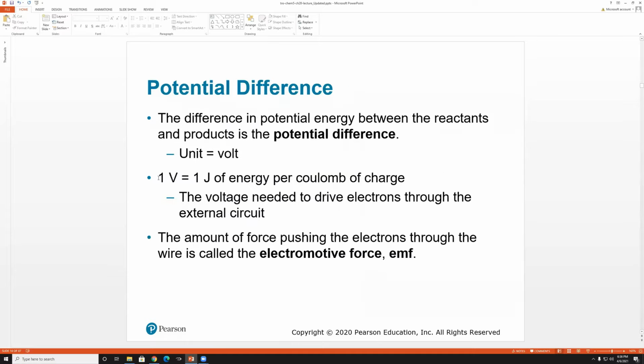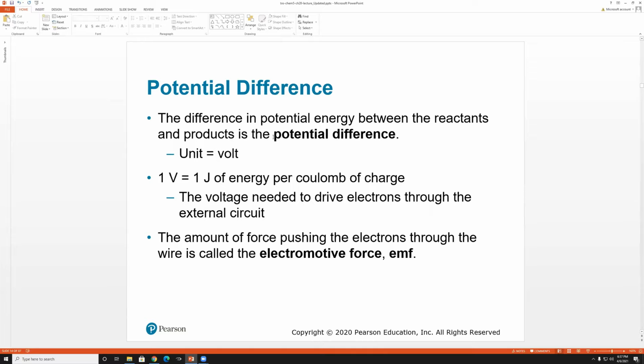And then a volt. We're going to be measuring our redox reaction potentials in volts. So 1 volt is a joule of energy per coulomb of charge. So how much energy does the coulomb of charge give in this reaction system?